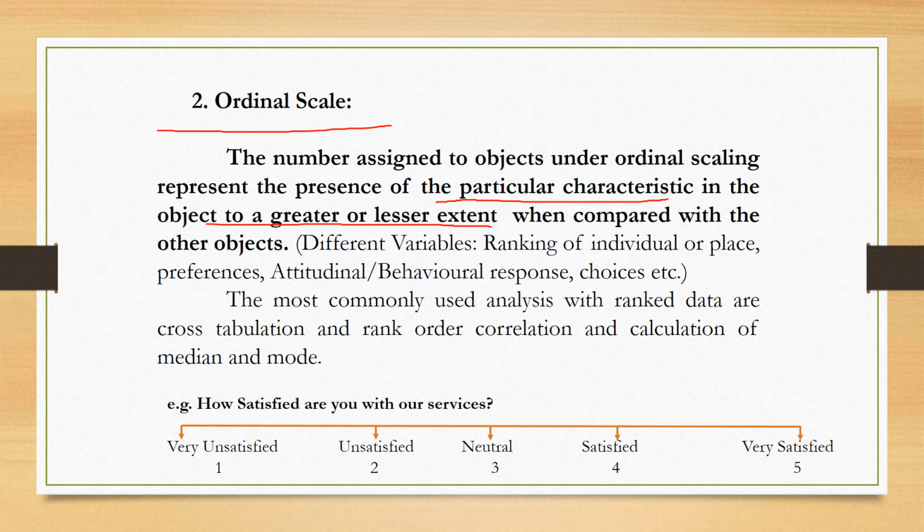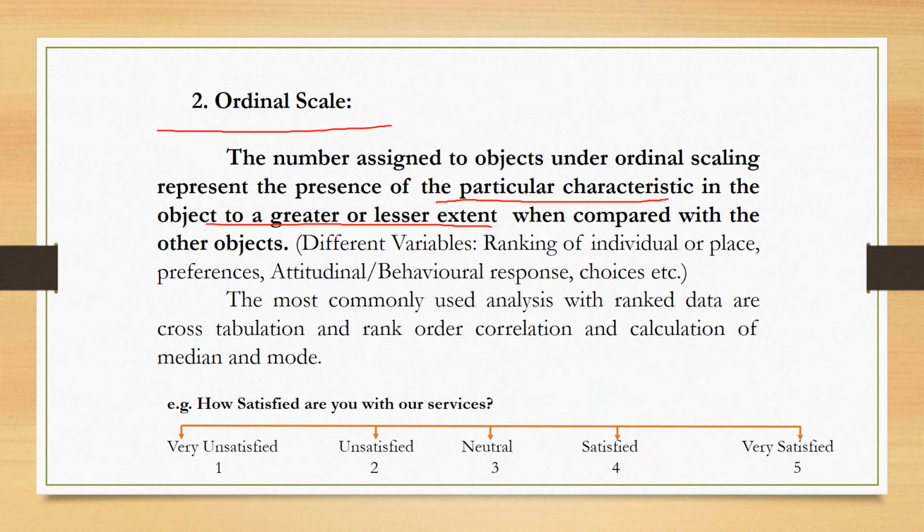The most commonly used analyses with rank data are cross tabulation, rank order correlation, calculation of the median, and more. For example, if you ask one question in your tool, such as how satisfied are you with our services, the characteristics are very unsatisfied, unsatisfied, neutral, satisfied, and very satisfied.